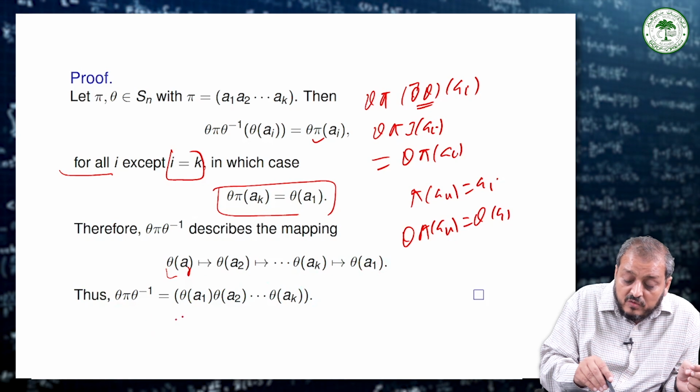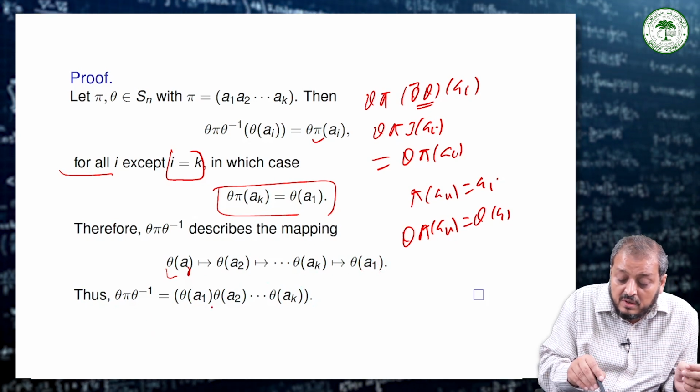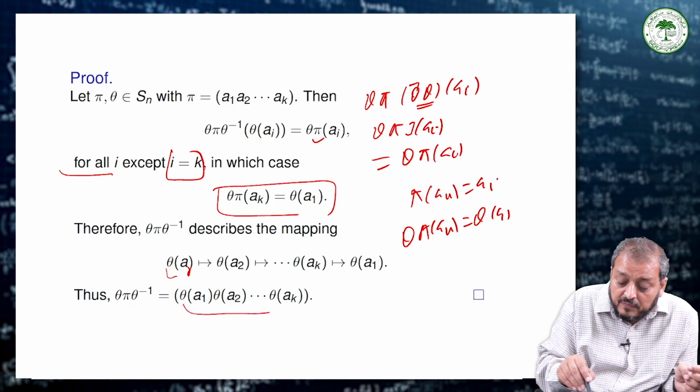So theta pi theta inverse is the same as (theta a1, theta a2, up to theta ak).